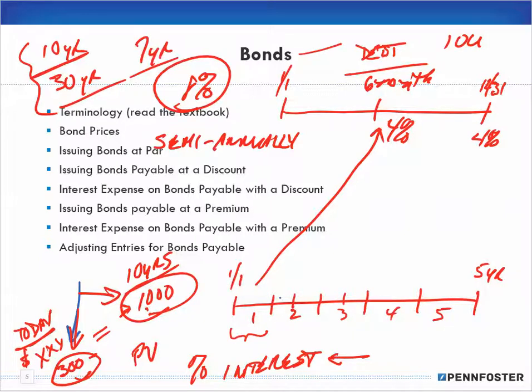Actually, let me do that in blue. They're going to have the same issue with year 2, year 3, year 4, and year 5. So in year 1, because they're paying it semi-annually, they'll pay interest halfway through the year and at the end of the year. In year 2, they'll pay it halfway through the year and at the end of the year. Same for year 3, same for year 4, and same for year 5, or in their case, they go all the way out to year 7.